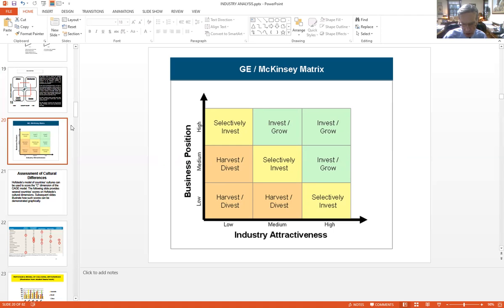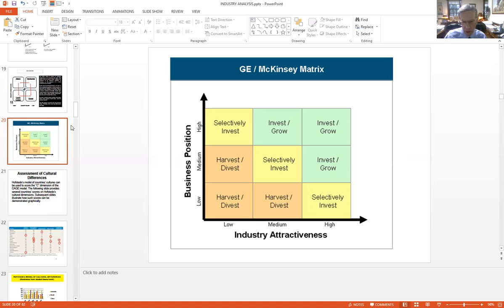So industry attractiveness could be simply the industry's ability to accommodate and benefit from and be attracted to the kind of products we make, the kind of services we offer, the kind of new technology that we're developing, the kind of new products that we can develop with our new technology, and so forth.